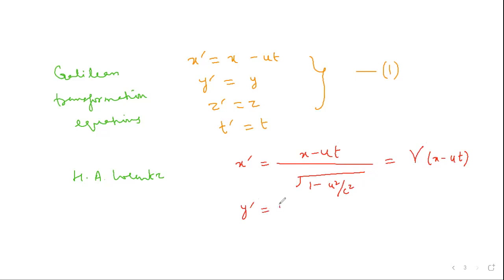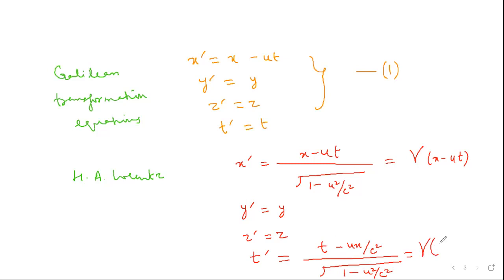Y prime is y, z prime is z, t prime is t minus ux by c square over square root of 1 minus u square by c square, which is equal to gamma times t minus ux by c square. Name them as 2.